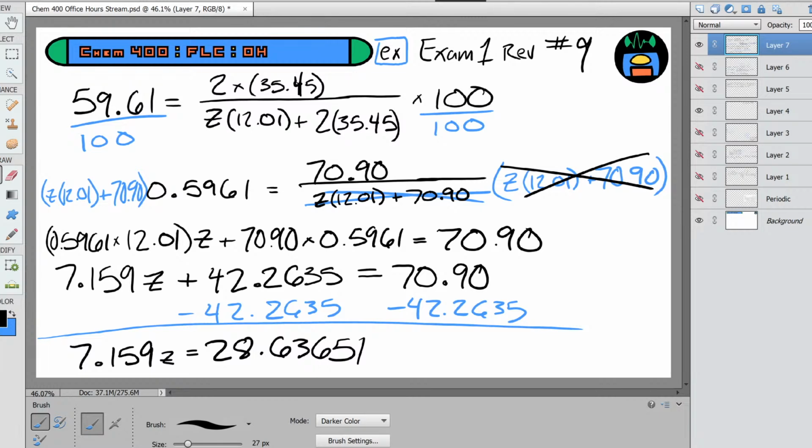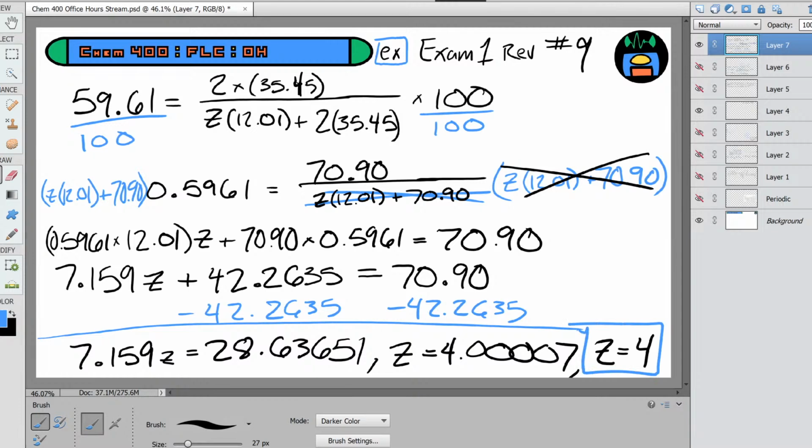And now I'm going to divide both sides by 7.159. And my value for Z is 4.00007. So Z is 4 for this problem.